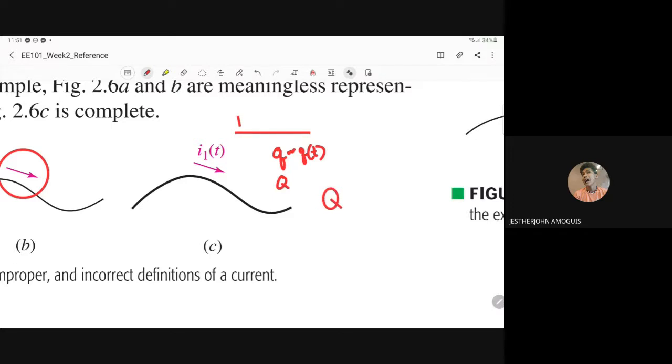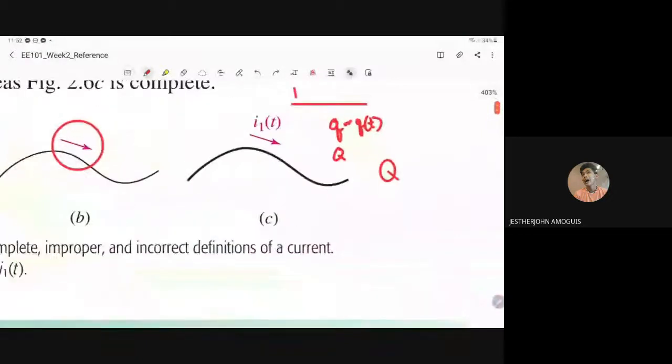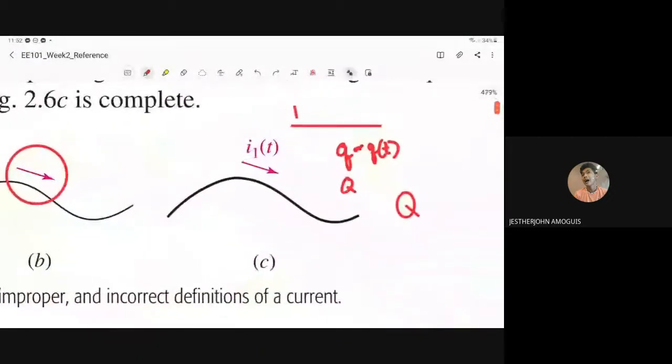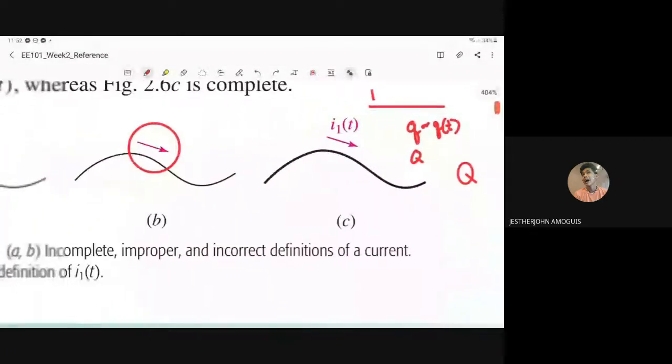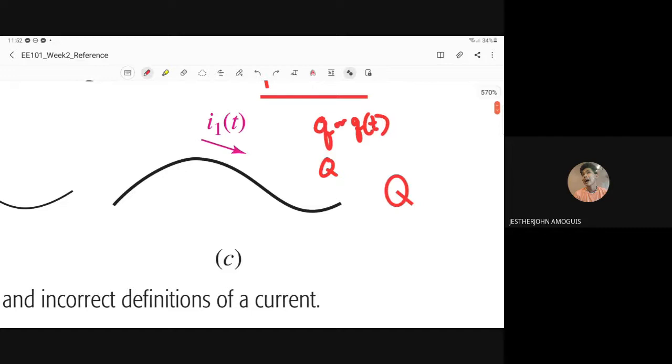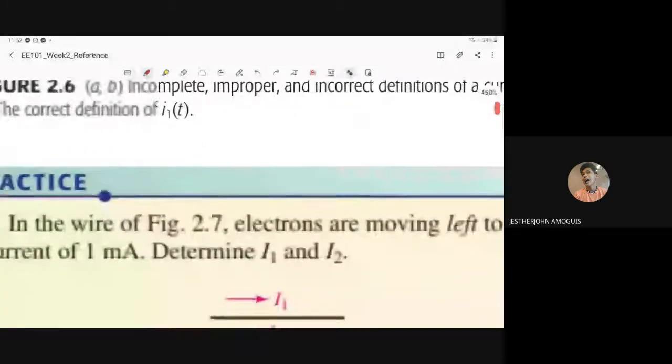Pero kung dependent siya sa time, small letter q. Okay, so if you're going to describe our current, dapat na siya letter nga I1 of T, then dapat na apod siya arrowhead to describe ang direction sa atong current. Then sinusoidal siya, which means that time varying siya. Okay, so I hope klaro sa inyo.